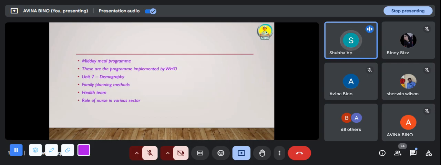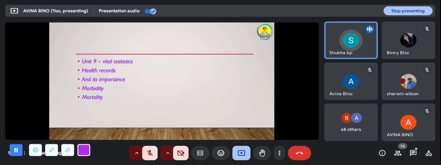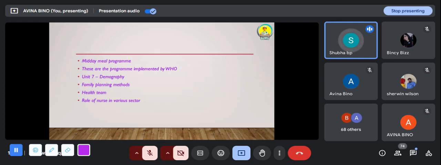They may ask in a health team question: what is the role of the Asha worker, the nurse, the doctor, the pharmacologist? They may ask about the members who join the health team. Based on that, the question may arise from unit 7.